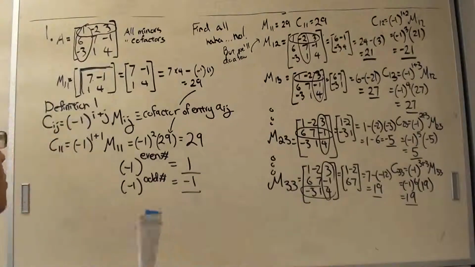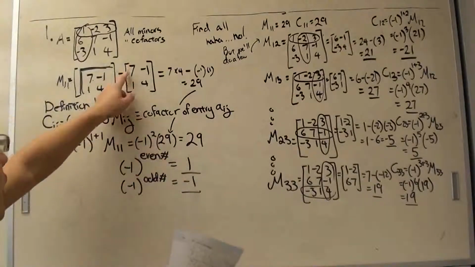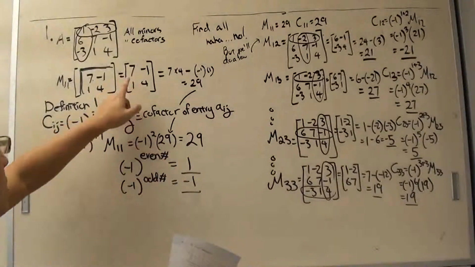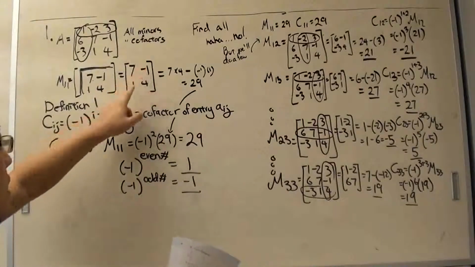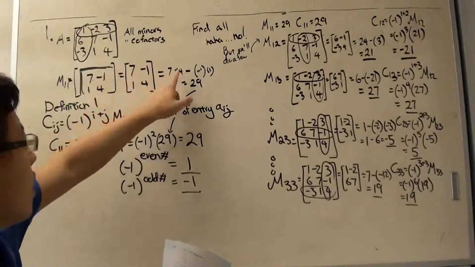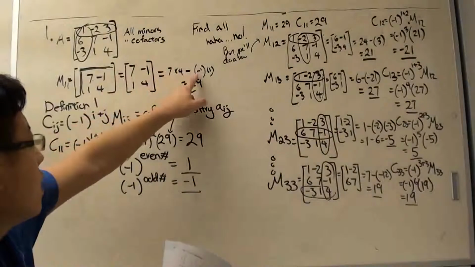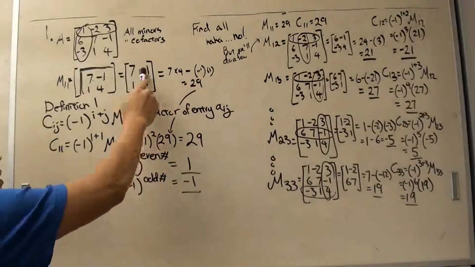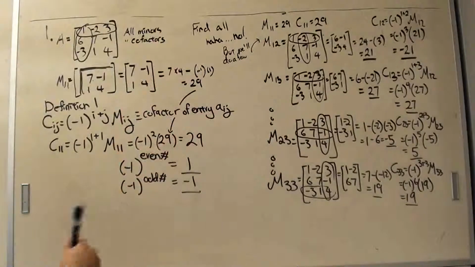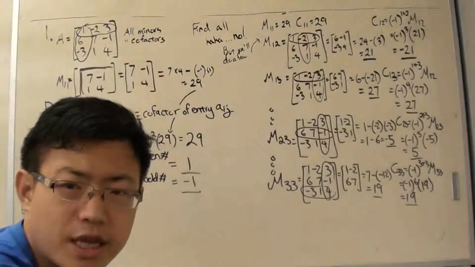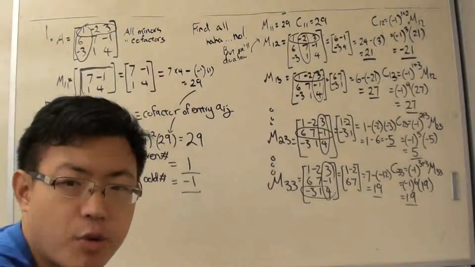Simply, you do A times D minus B times C. So I just did 7 times 4, and then minus, that's poorly written, but that's -1 and 1 from these two. That will give you 29. That's all there is, very similar to a determinant. So picture it that way if you're trying to figure out what a minor is.